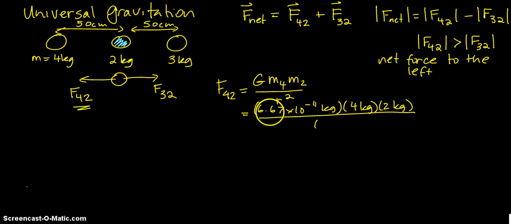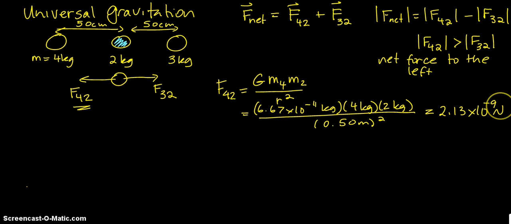And since force is in newtons, and newtons is kilogram meters per second squared, I need to put the distance in meters. So that means 0.500 meters. And then we take out our calculator, and we find that the value here is 2.13 times 10 to the negative 9th newtons.